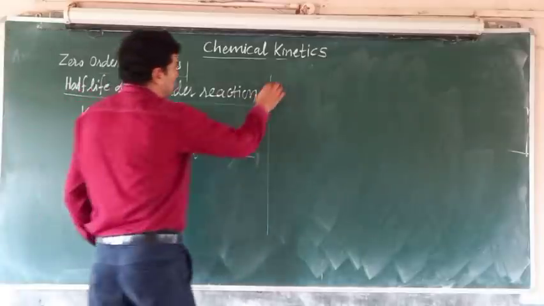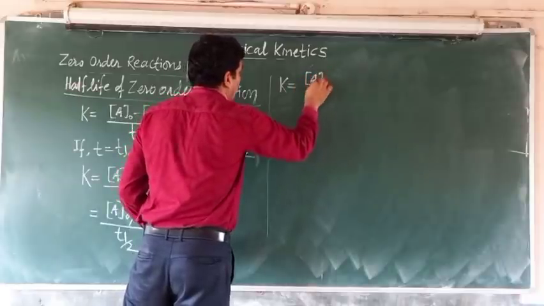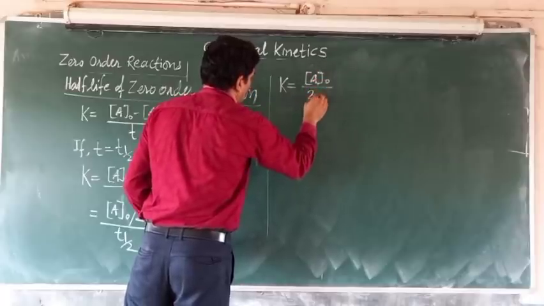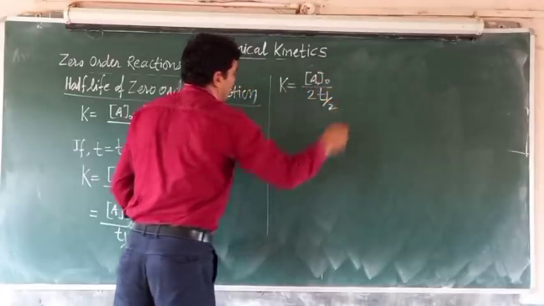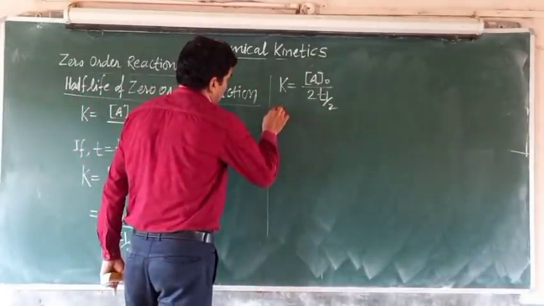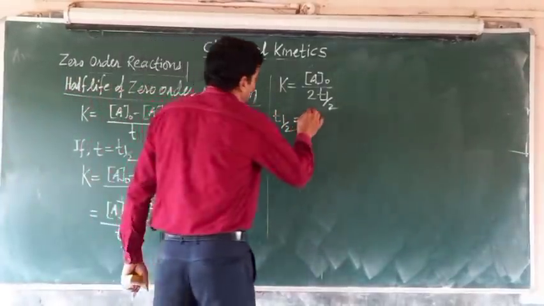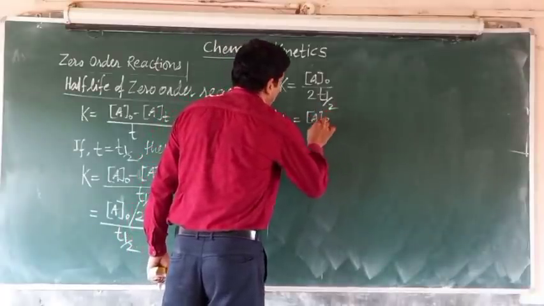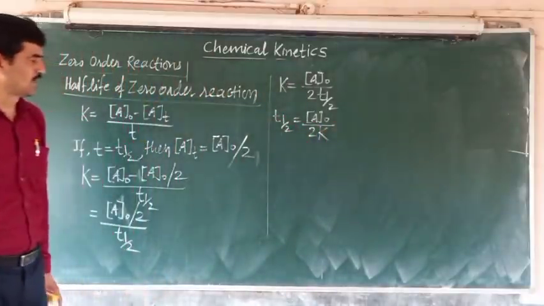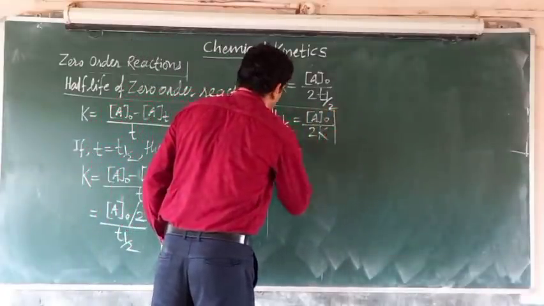So the rate constant of the zero order reaction K equal to A0 upon 2 times the half-life. Or t half, t1 by 2, which is the half-life, equal to A0 by twice K. This is the final equation of half-life of a zero order reaction.